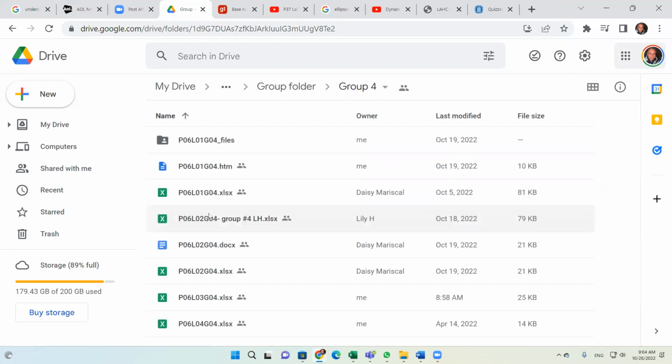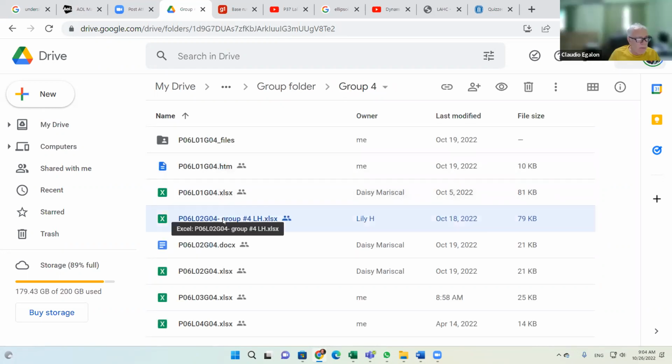Group number 4. Okay, here you go, group number 4. Do not put this extension here, please. Okay, Lily. And remember, I'm gonna correct only one lab report. So decide among yourselves which one you want to keep here. I see group lab 2 here, right? I see 2 spreadsheets for lab 2, and I do not see the spreadsheets for lab 3, right?